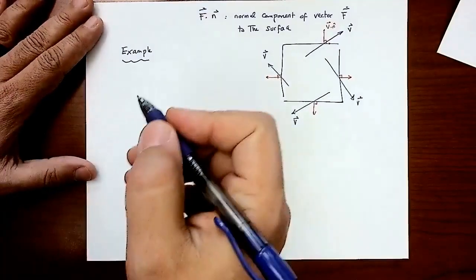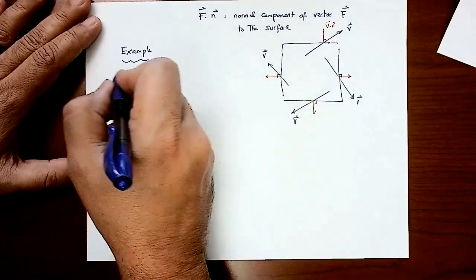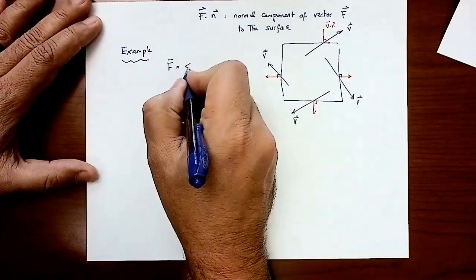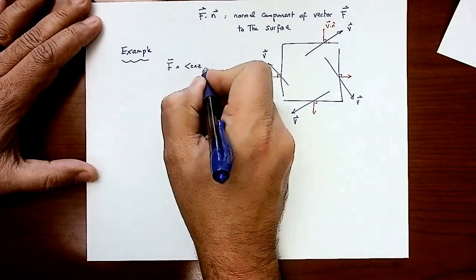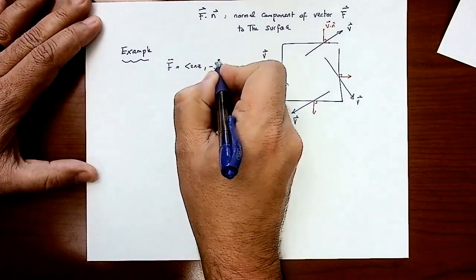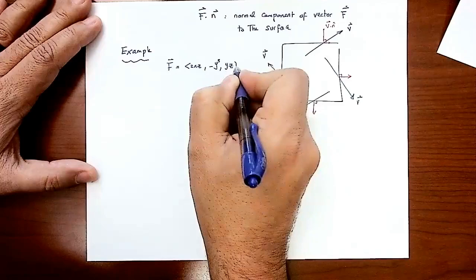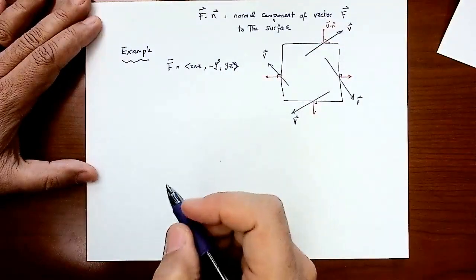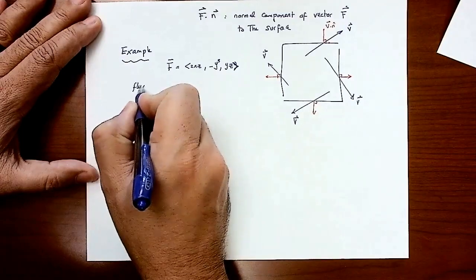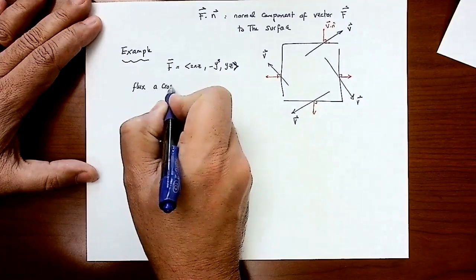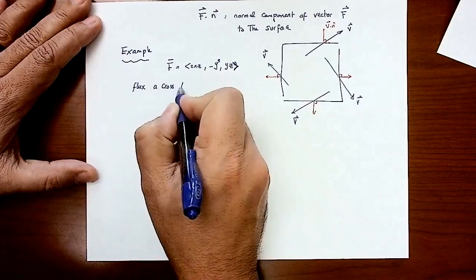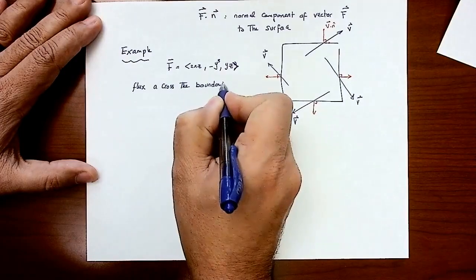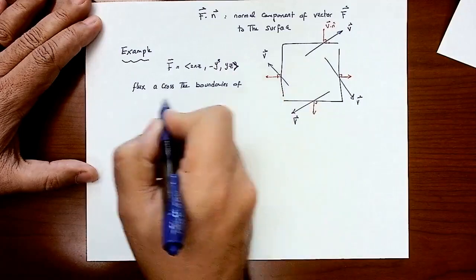The statement of the example is: you are given a vector field F given by (2xz, -y cubed, yz), and we would like to calculate the flux across the boundaries of the unit cube.